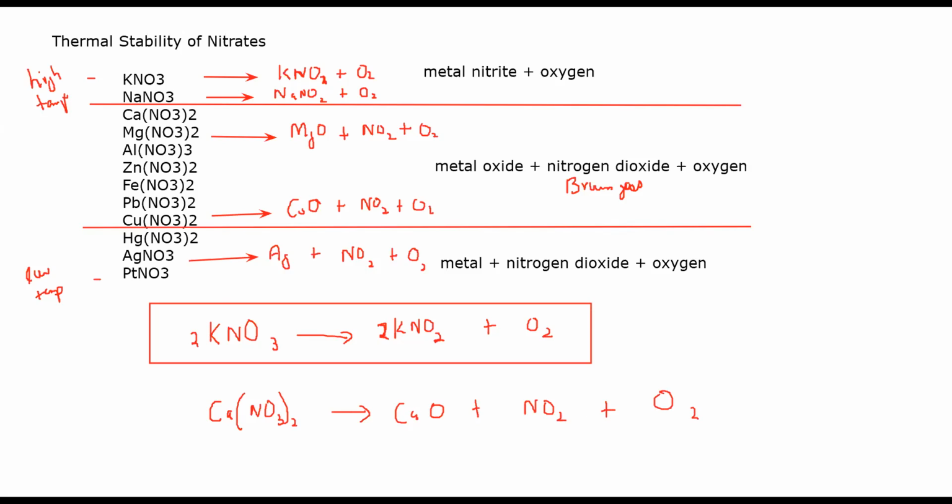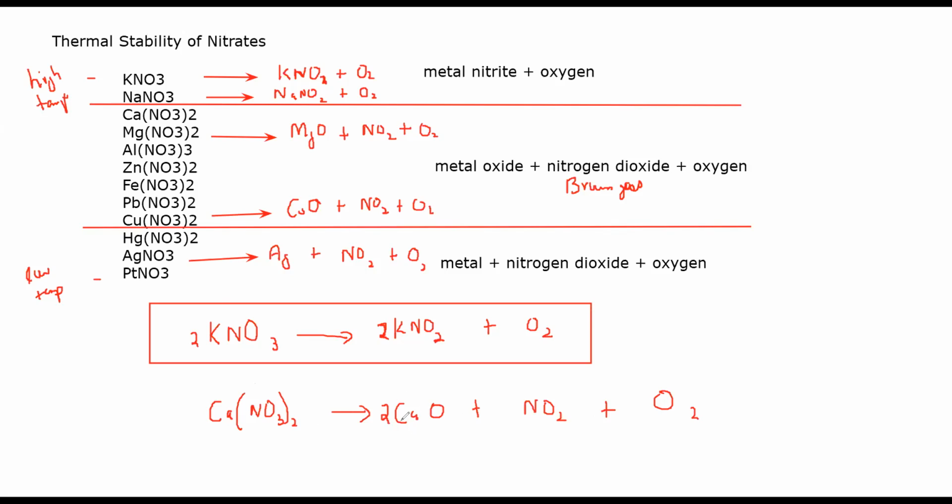First, balancing starts with oxygen. 3 multiplied by 2, 6 oxygen. I have 1, 3, and 2, so total will be 5. I want to make 6 oxygen. So what I will do, I will put 2 here. So oxygen is balanced. You can see 2 oxygen, 2 oxygen and 2. So total 6 oxygen.